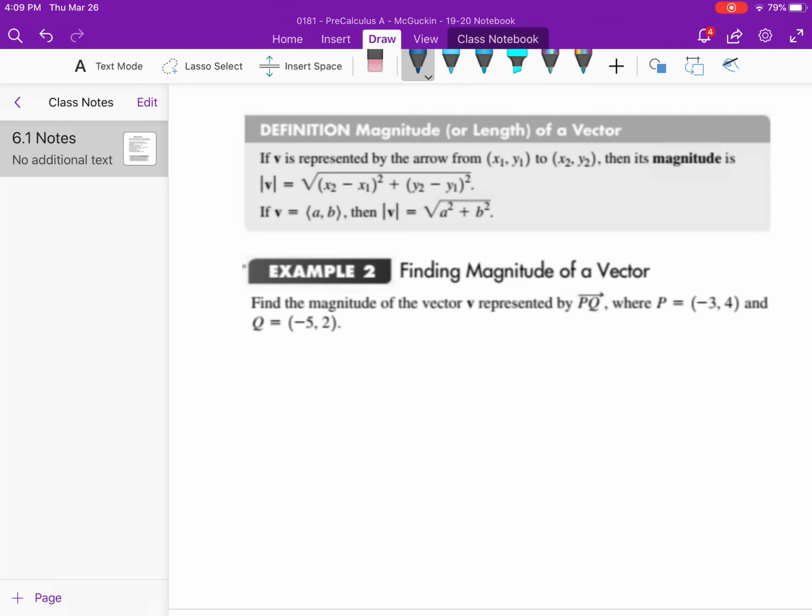Now, remember, we talked a lot about representing a vector with this lowercase bolded looking v that you see right through here. You will also see the vector written out in a name form like you have right here, using the initial point and the terminal point.